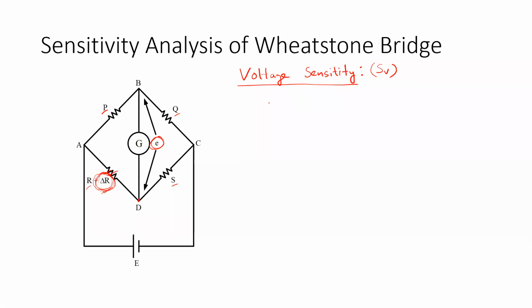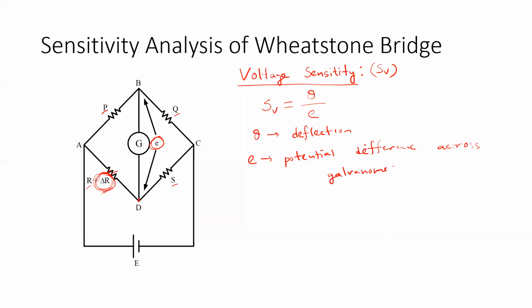So the voltage sensitivity is the change in deflection per unit change in the voltage difference across the galvanometer. Here theta represents your deflection in the galvanometer, and E represents the potential difference across the galvanometer.